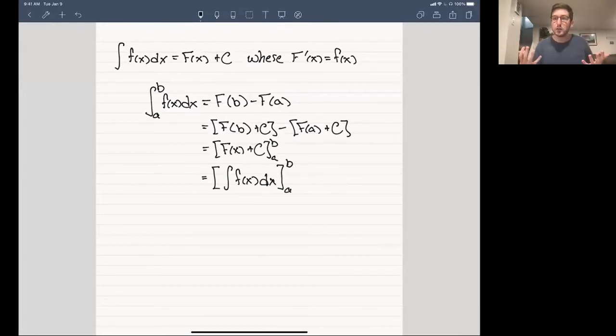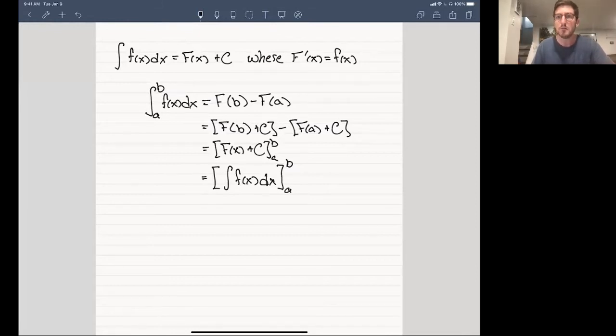So you can see this relationship between these two things, right? One of them is giving you the antiderivative. That's the first one without any bounds. But when you start evaluating this antiderivative, then you are essentially putting on the bounds for this definite integral. And again, this is just a consequence of the fundamental theorem of calculus.